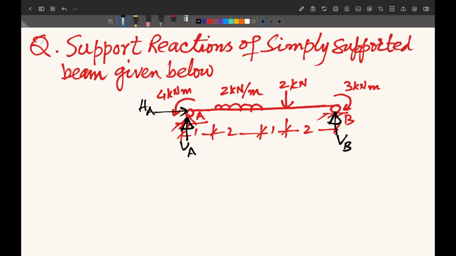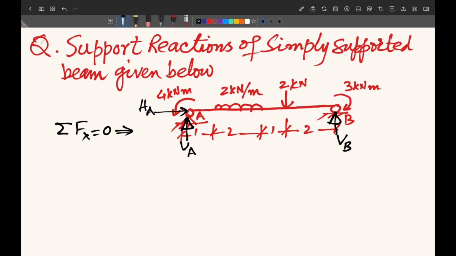First of all, we have to apply our equations of static equilibrium to calculate the support reactions. First equation is sigma Fx equal to 0. If there is any horizontal force, we will consider here.